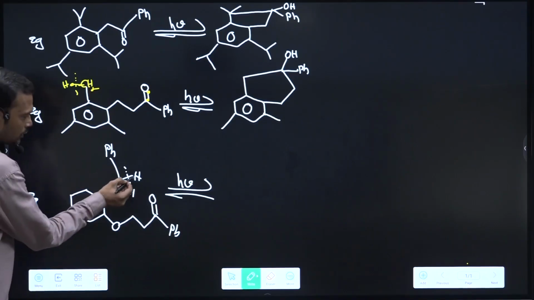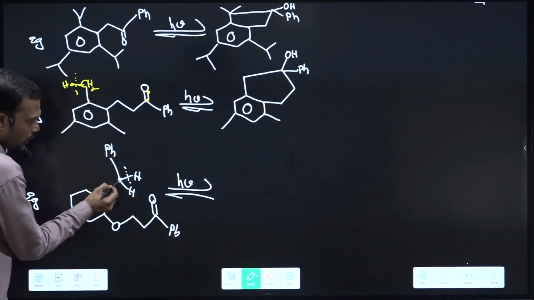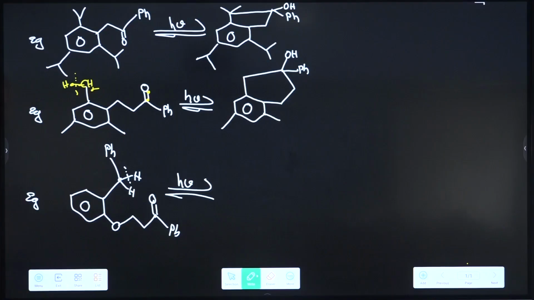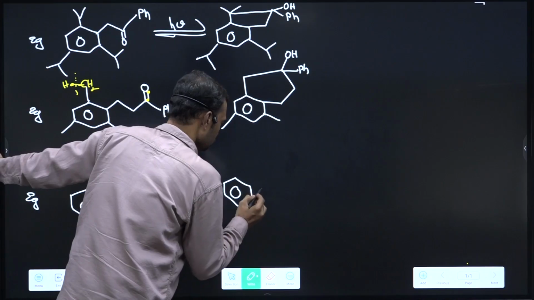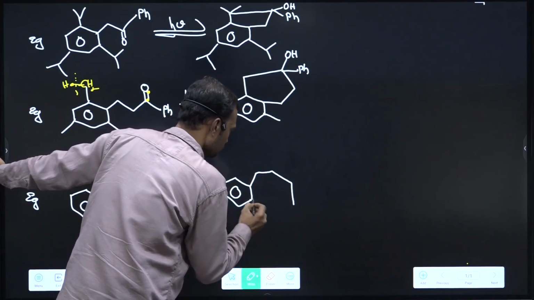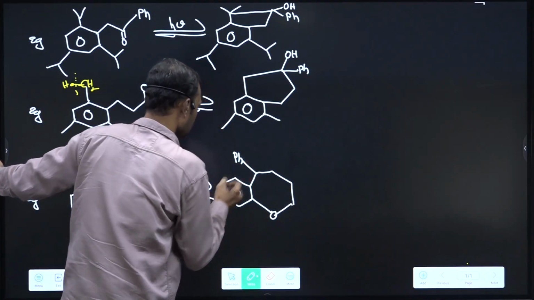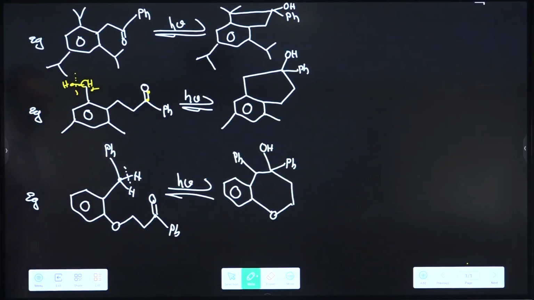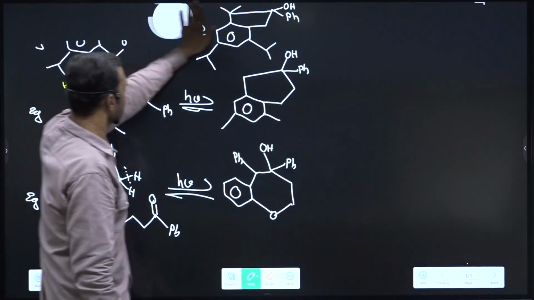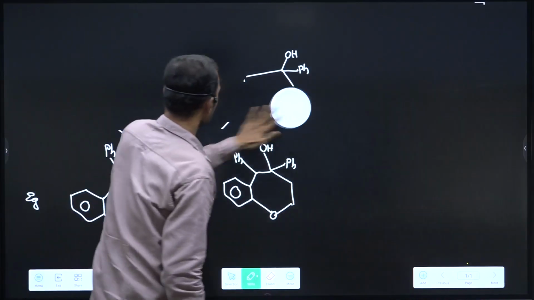So break this bond, add this hydrogen on this oxygen, create a bond between carbon and carbon. So that is the end of photoreduction.